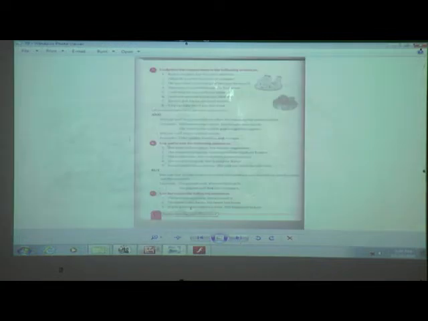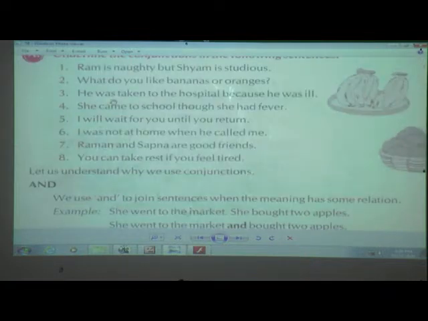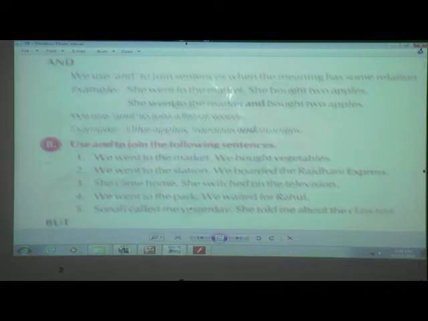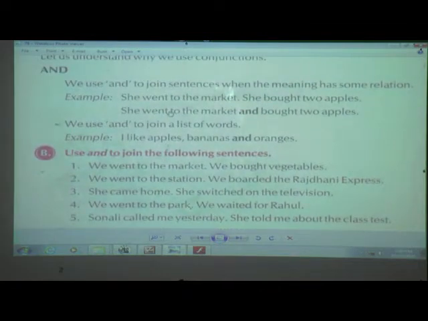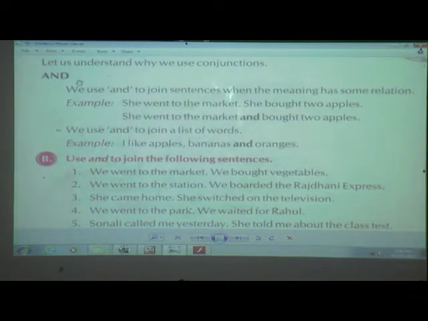And in that again what we have done? Yes, we have solved exercise A. We have underlined the conjunction. Then what we have learned, students? Yes, do you remember what we have learned? Yes, we have learned two conjunctions, that is and, but. So what do you mean? When we are going to use this conjunction and? Yes, and is used to join sentences when the meaning has some relation.